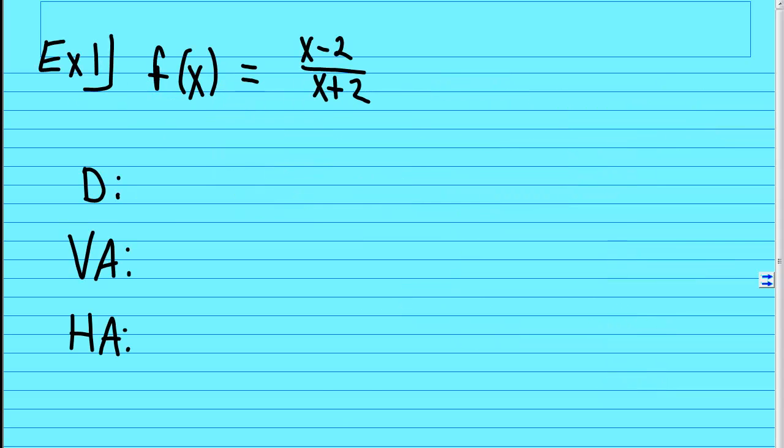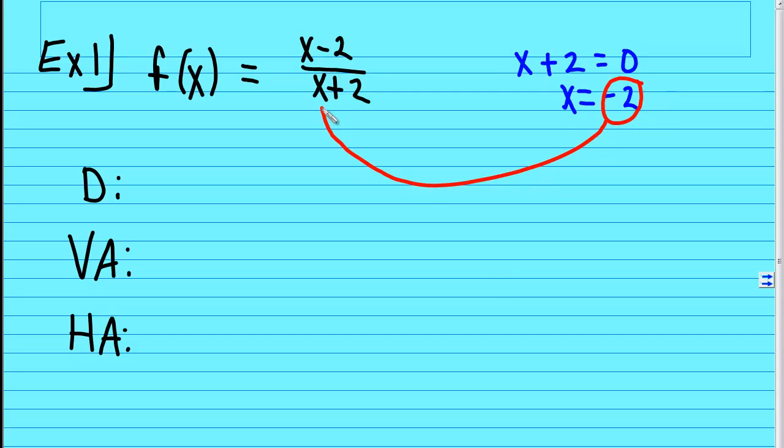Example 1. Let's find the domain first. To find the domain, we need to set our denominator equal to 0 and solve. So x is equal to -2. If we put -2 in for x, we get 0 in the denominator.